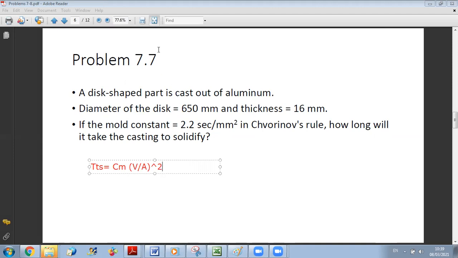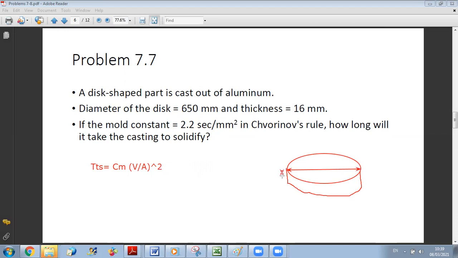So I should know the geometry of my cast. I have a disc-shaped part. For a disc, the volume is, of course, pi d square over 4 times the height. I know the diameter and I know the thickness.